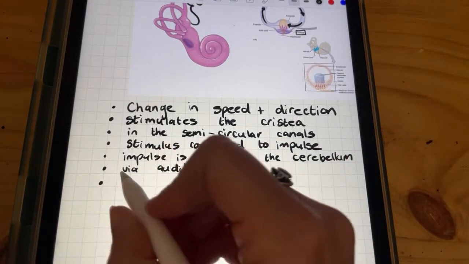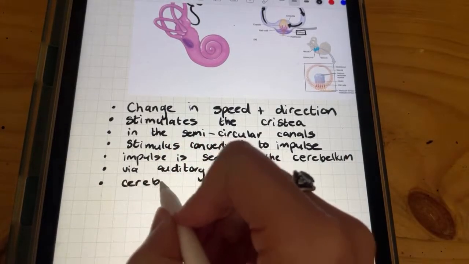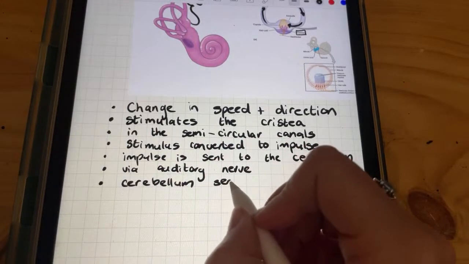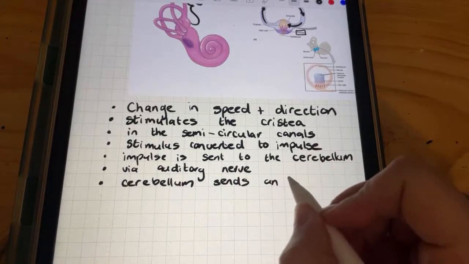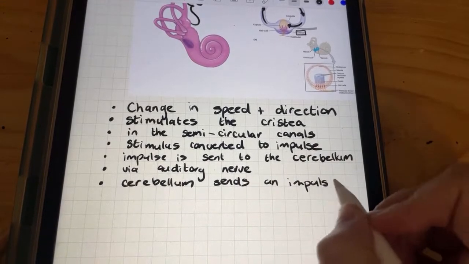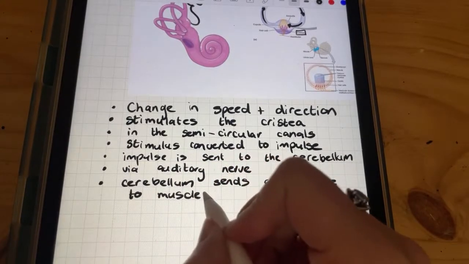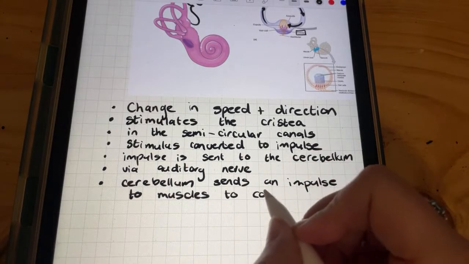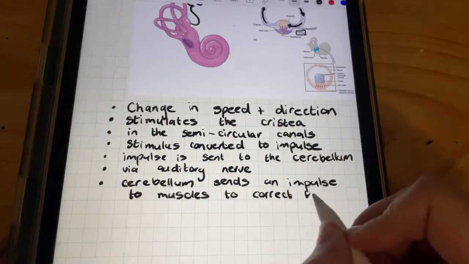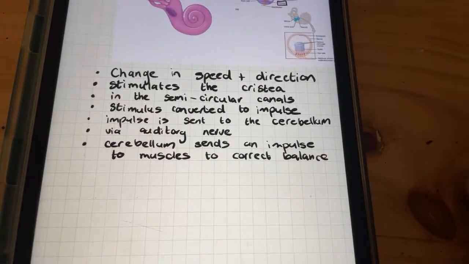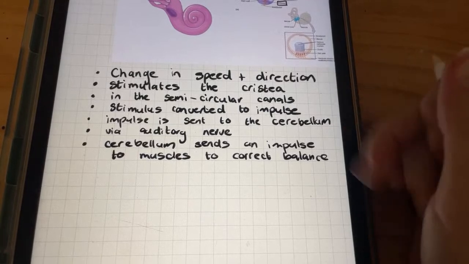And last but not least, the cerebellum sends an impulse to muscles to correct balance. And that's it. That's how you explain how you maintain your balance. I know it is a lot of points, but yes, that's all we need to cover.